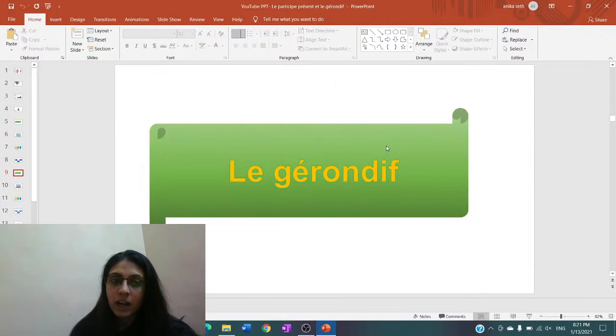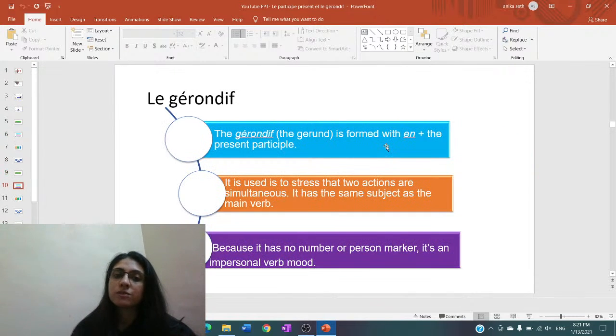So now we will see how it is used as a gérondif and what is the difference in the formation. So the gérondif is formed with the preposition en preceding the present participle form of the verb. So en plus present participle gives us the gérondif.